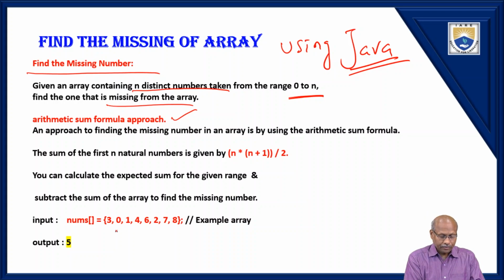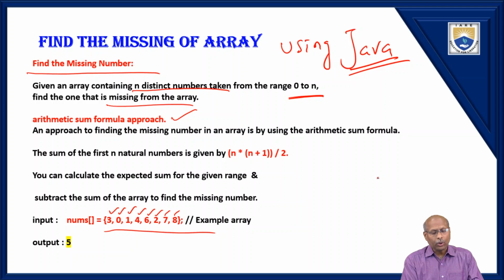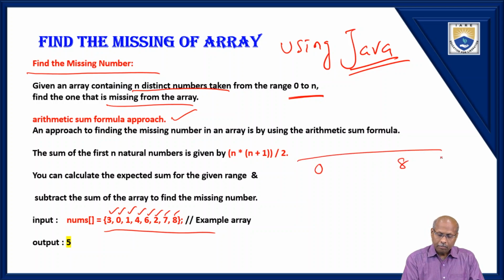For example, I have a set of numbers like 3, 0, 1, 4, 6, 2, 7, 8. That means I have 0 to 8. The minimum number is 0, the maximum number is 8. But in between one number is missing.